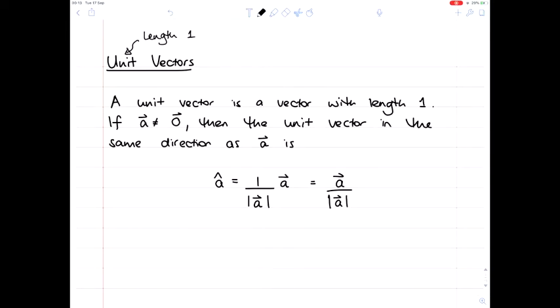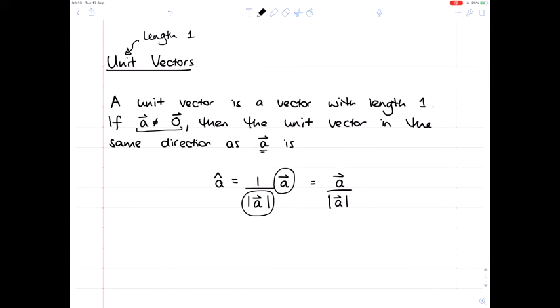So let's just clarify what we're doing. A unit vector is a vector with length 1. If we're not dealing with the 0 vector, then the way that we find the unit vector in the same direction as any old vector is we take our vector of whatever length and we divide through by its length.